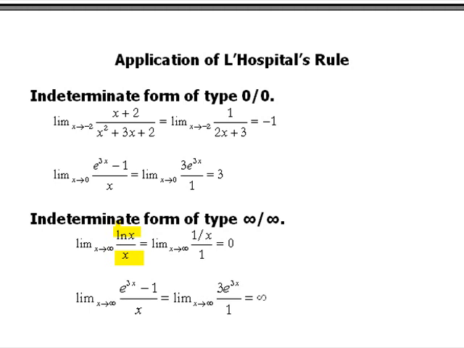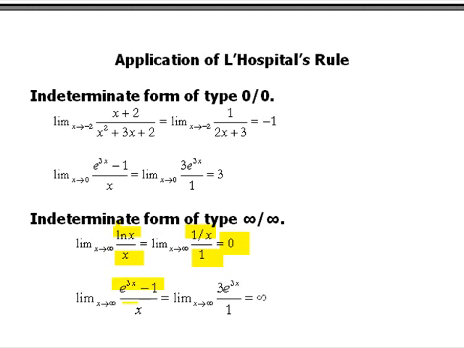So now let me apply L'Hopital's rule and take both derivatives. The derivative of x is 1. The derivative of the natural log of x is 1 over x. So if I let x go to infinity, I end up with 0. So instead of this infinity over infinity, I end up with 0. That's interesting.